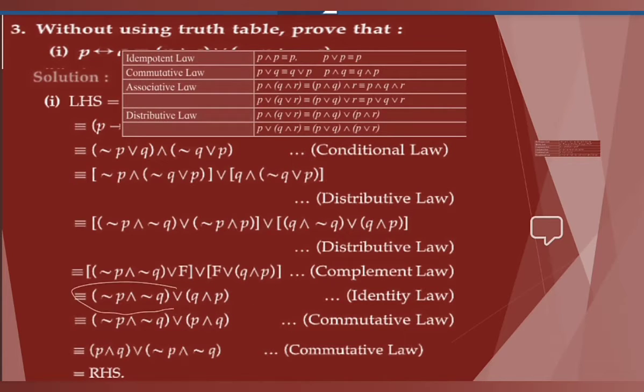P and Q, and Q and P. Here P and Q, this statement we write as it is, this or as it is, but here we apply the commutative law. Q and P means P and Q. And again we apply the commutative law: this bracket P or Q means Q or P. This is the solution.